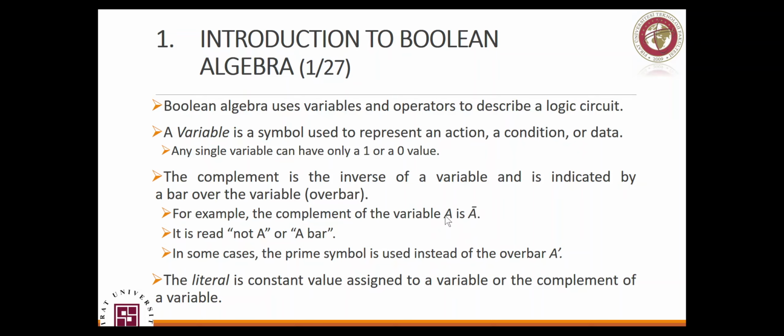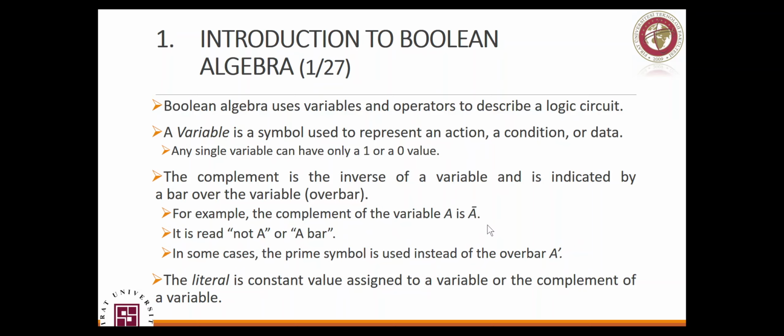So if the value of A is 0, then A bar will be 1. This is pronounced A bar or not A. It's up to you to say it. If you like A bar, say A bar. If you like to say not A, it's also fine.